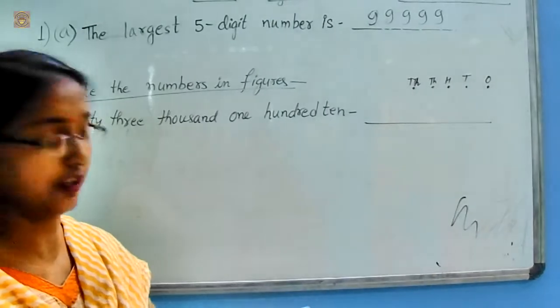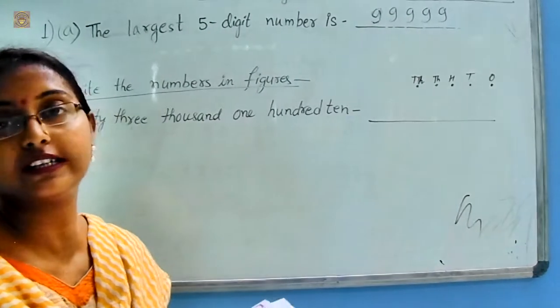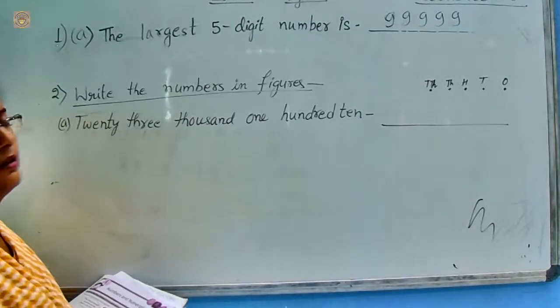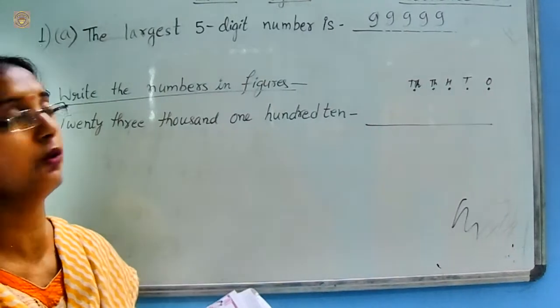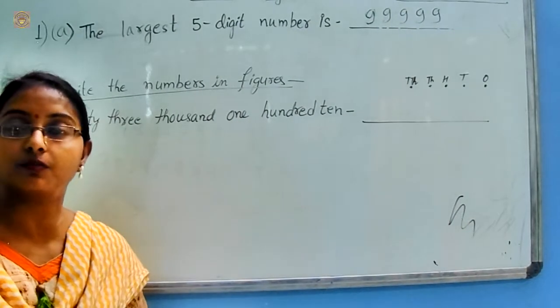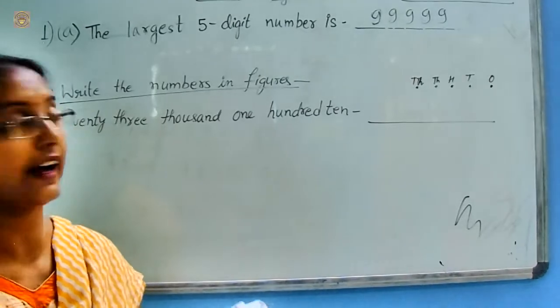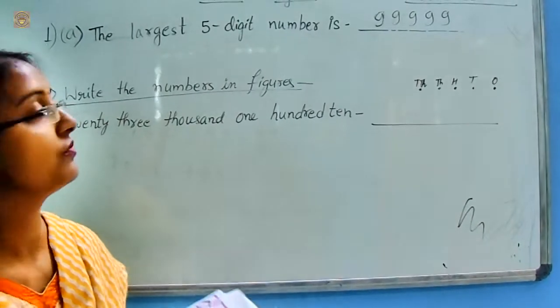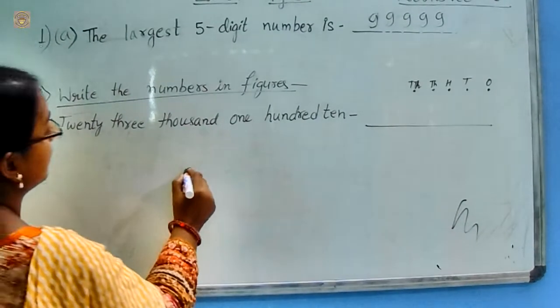So it is given here also the smallest 6-digit number. But as you know, that is the largest, and we can get the smallest by adding plus 1. So look at this.